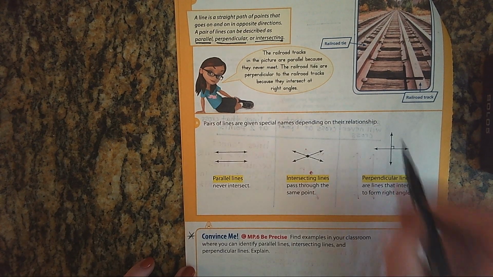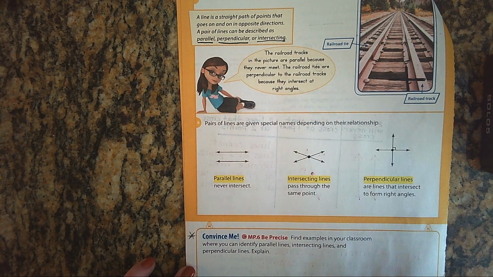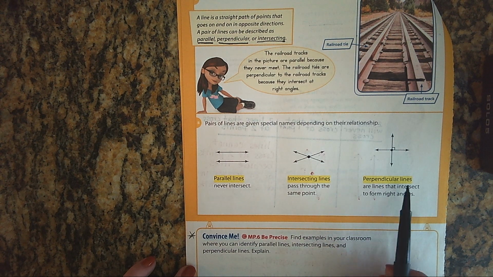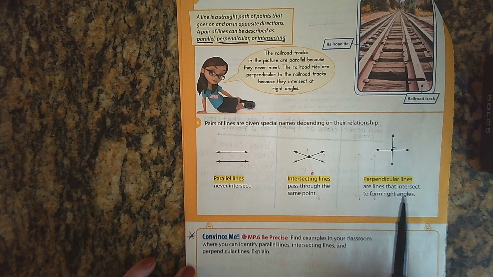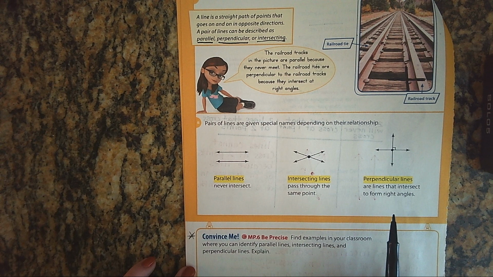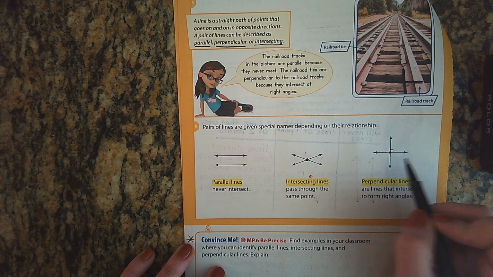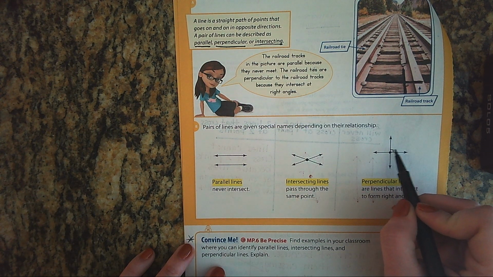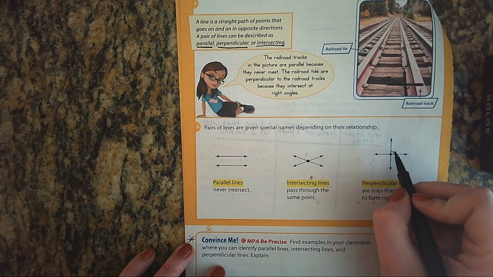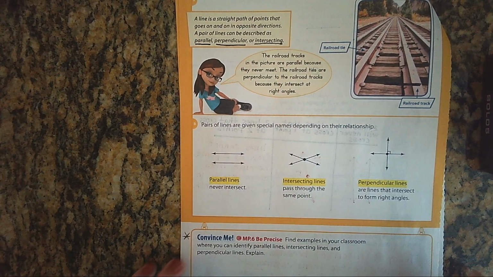Perpendicular lines are also intersecting because they do cross, but they're special because perpendicular lines are lines that intersect to form right angles. And right angles have square corners. So see how you can fit a little square into that corner perfectly? That would be perpendicular lines, have that square corner to form a right angle.